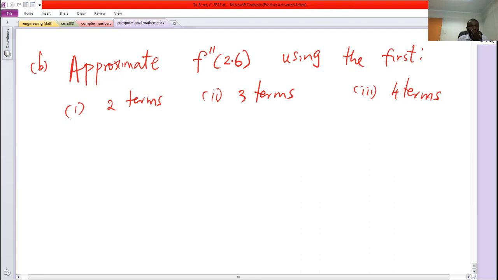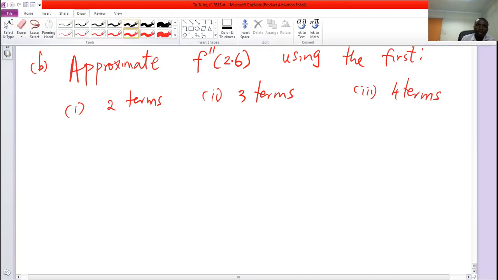So the first thing you do, you have to write the general formula for approximation.